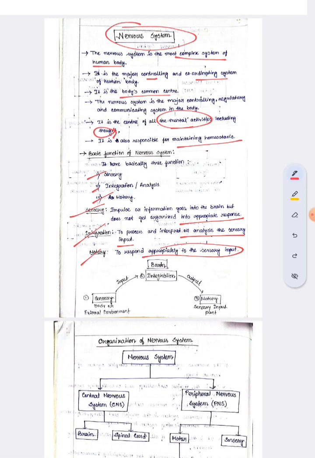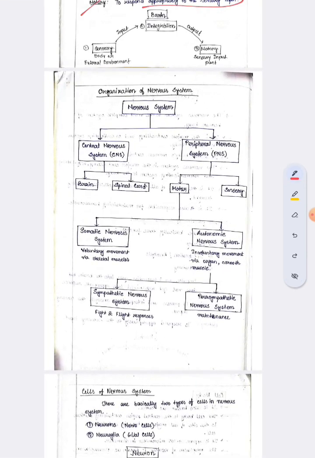Now coming to the organization of the nervous system. We can call it the classification of the nervous system also. It is important for 2 marks. The nervous system is divided into central nervous system and peripheral nervous system. Central nervous system: brain and spinal cord. Peripheral nervous system: motor and sensory.